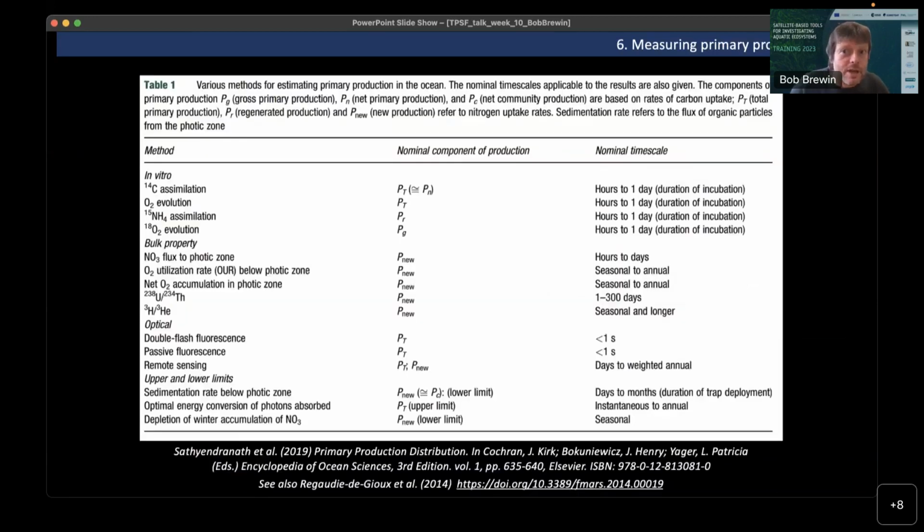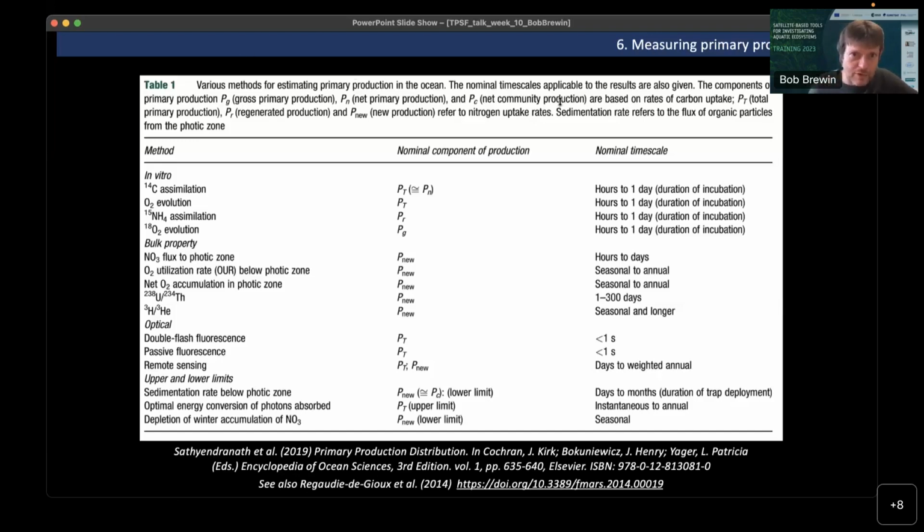Now, in terms of measuring primary production at sea, in the modern era, there are a whole range of techniques to do it. And I don't really have the time to go into all these different methods. The 14C method, I'll talk about it maybe briefly in a little bit. But this is a table that was taken from a recent book chapter led by Schuber in 2019 that lists the various methods we can measure primary production in the ocean.